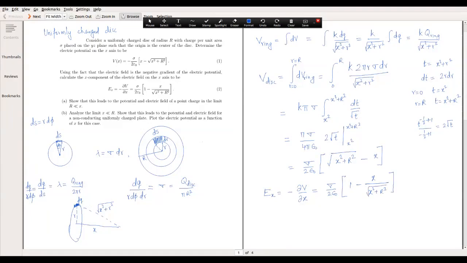And that's the expression for the electric field that we have to find.